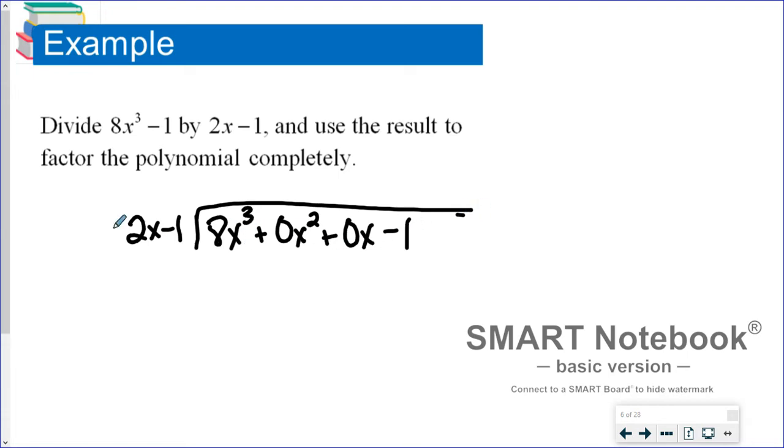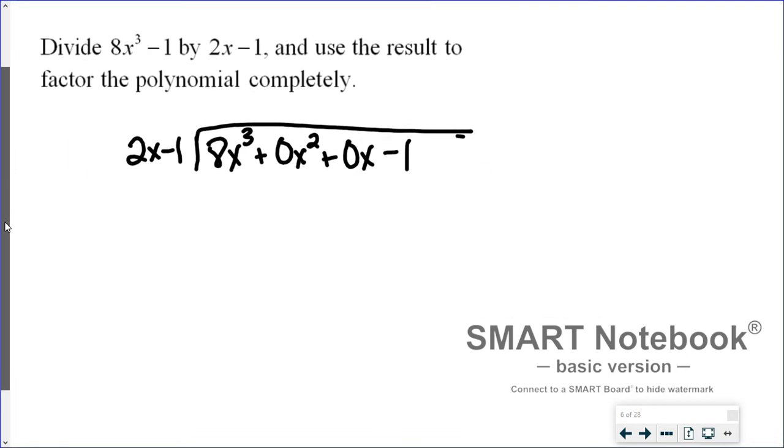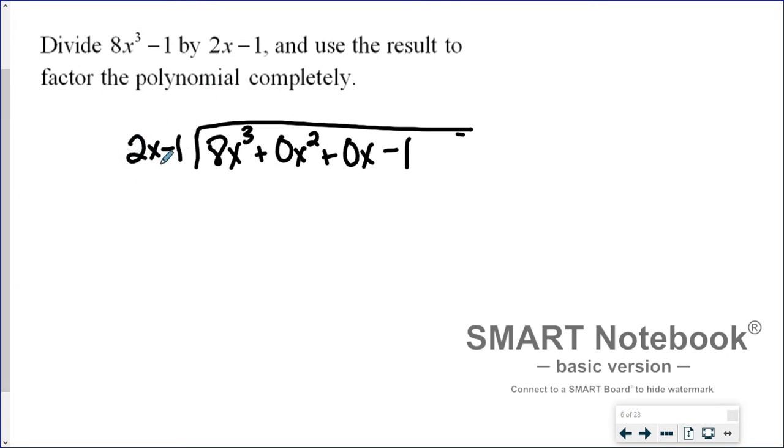So now we go ahead and ask the same questions here. What do I need to multiply this by to get this? That would be 4x squared. If we distribute this, we're going to get 8x cubed, which is what we want, minus 4x squared.